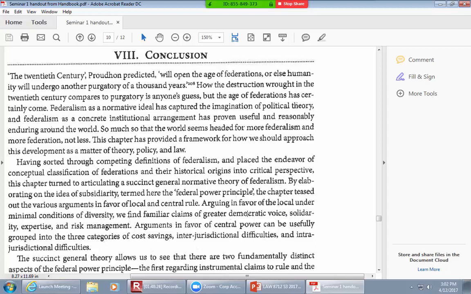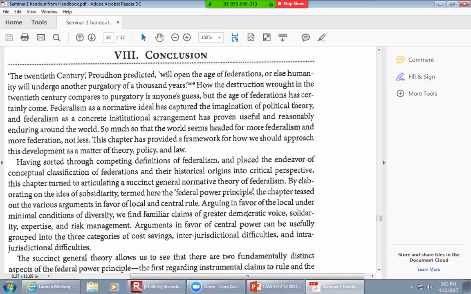If we are going to have gay marriage legalized in Australia, we're all going to legalize the same thing, right? And even if Victoria is going to legalize euthanasia, then of course we're going to end up all legalizing the same, right? And then the question is, he says, arguing in favor of such devolution or subsidiarity, okay, to the local level, we find claims such as greater democratic voice. So we would have greater democratic voice as Queenslanders if that decision is made locally.